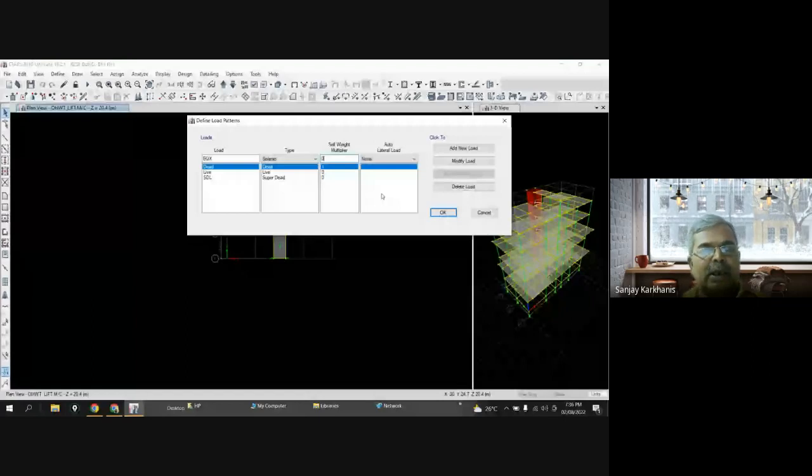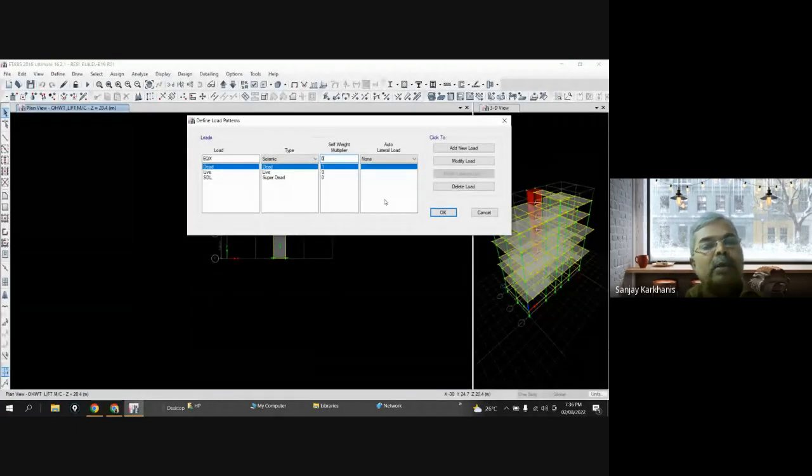But there is another facility: this software ETABS will calculate all the lateral loads. The only thing is that you have to give the instruction through this auto lateral load about the code, the analysis code that you are going to use. So we are going for IS 1893.